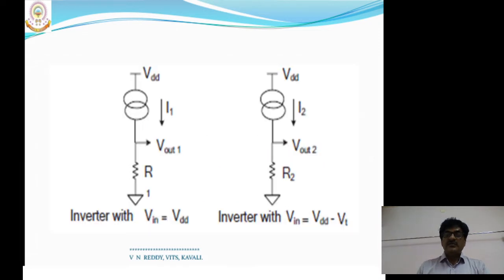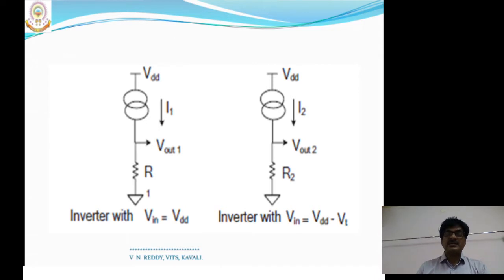With the input VDD, let us consider the equivalent circuit of the first inverter, and with the input of VDD minus VTP, the equivalent of the second inverter is like this. With input VDD, what happens? The pull down transistor is in on state, and it acts in the active region or non-saturation region.